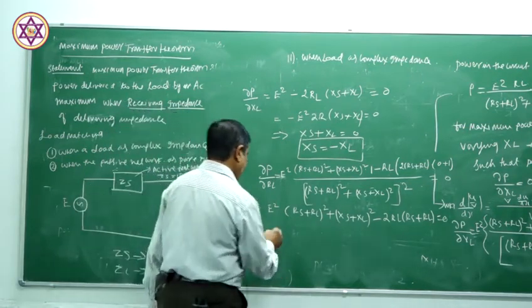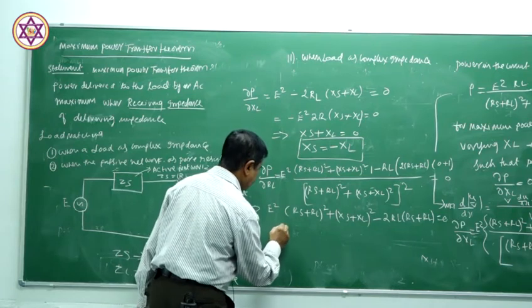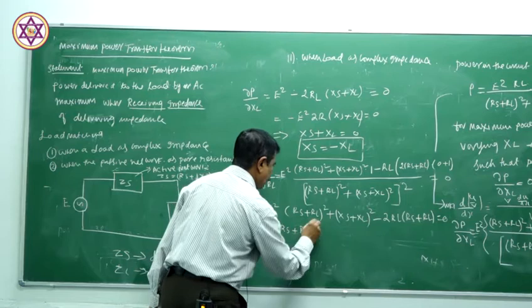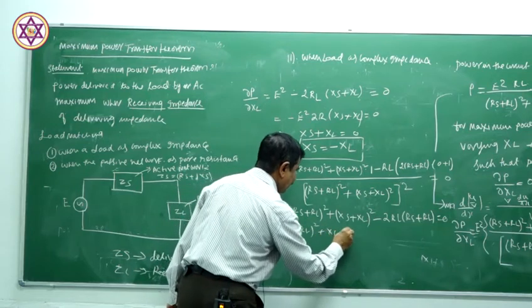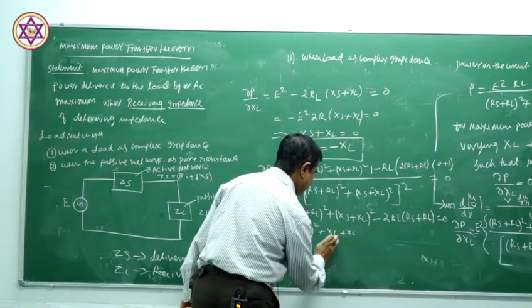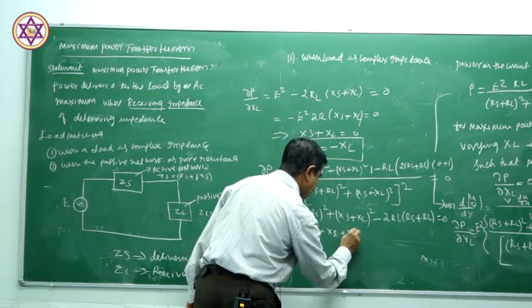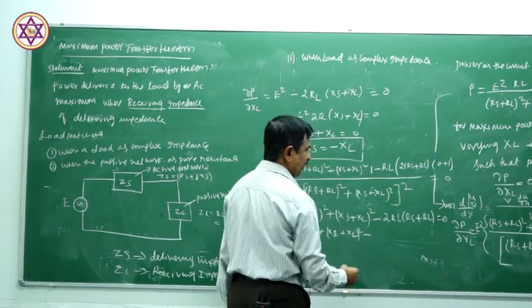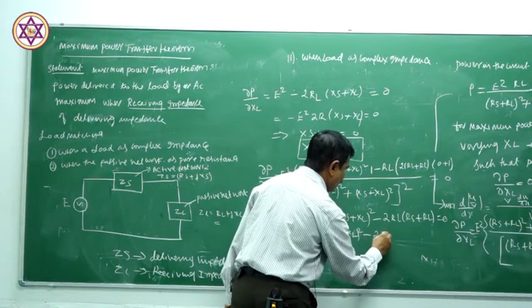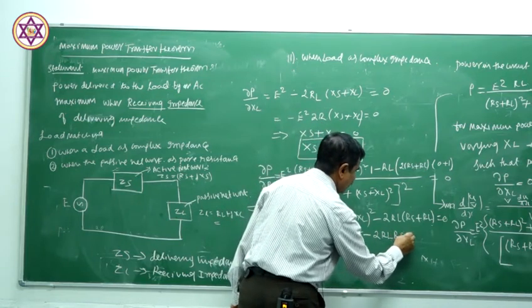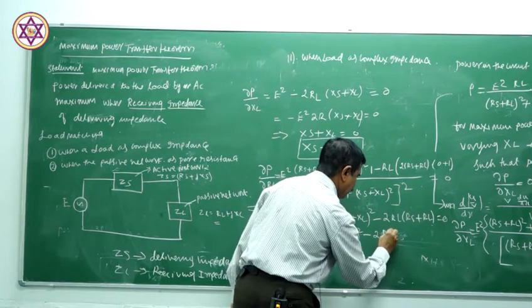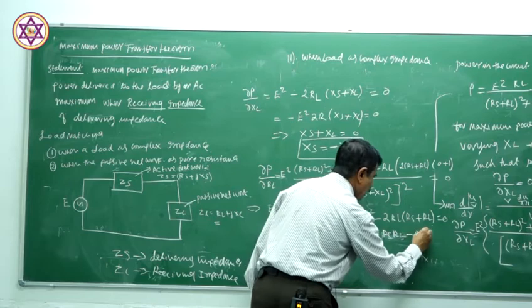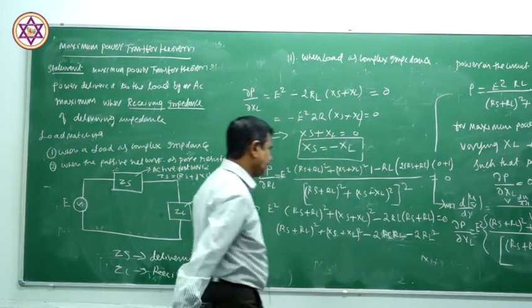Further simplifying, (RS plus RL) the whole square plus (XS plus XL) the whole square, minus 2RL RS, minus 2RL square.